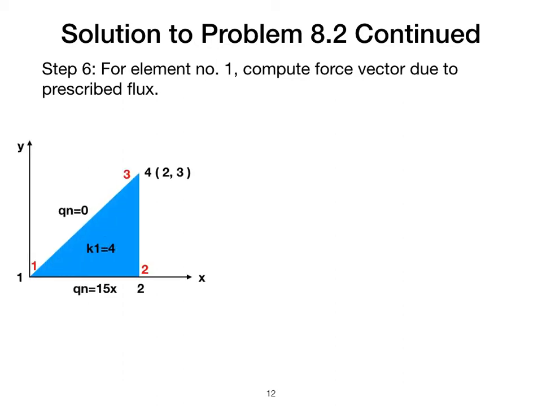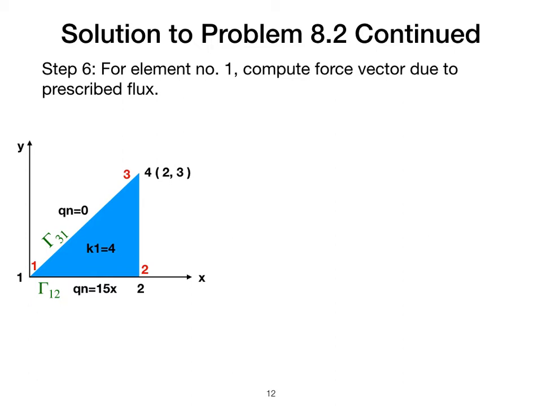So for element number 1, we have two boundaries. One is a line between node 1 and 2. Let's call it gamma 1 2, and the second boundary is gamma 3 1, which is the boundary connecting nodes 1 and 3.